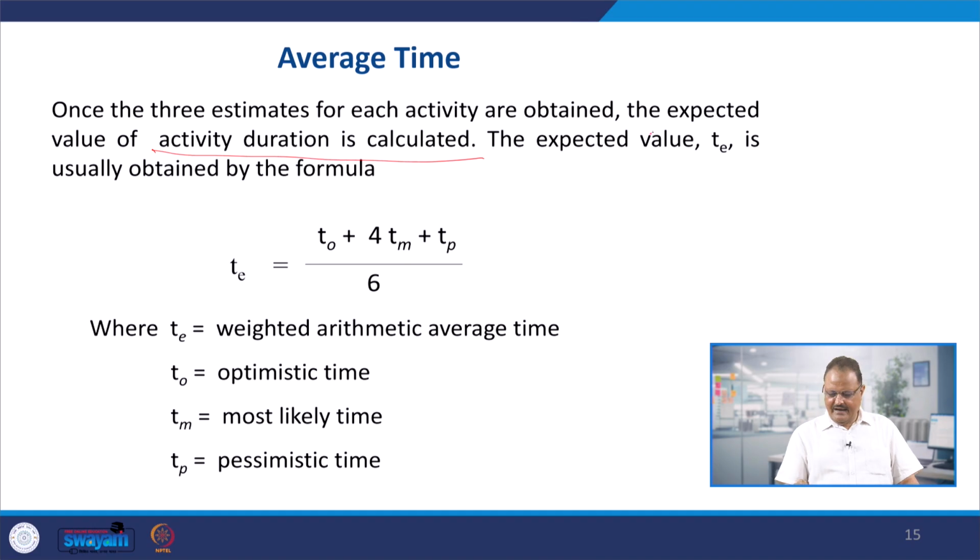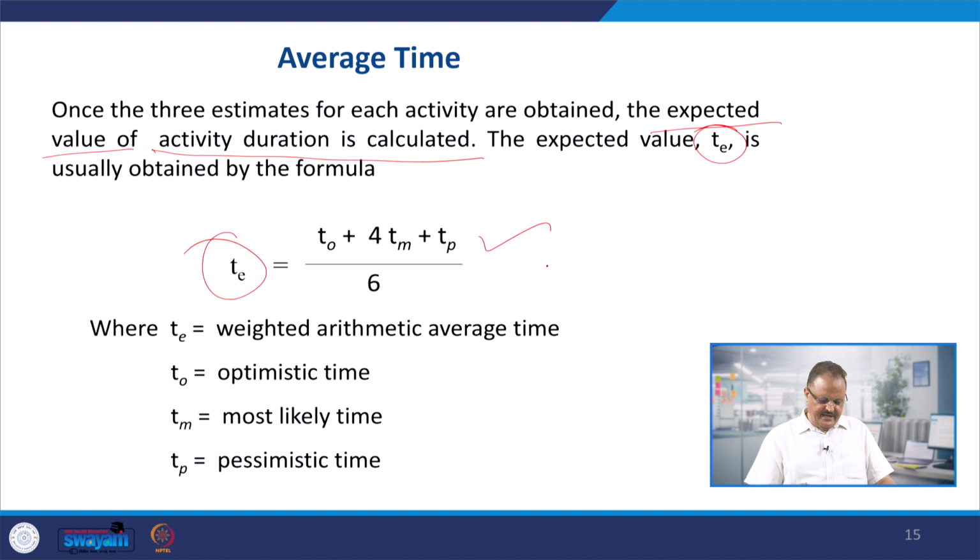The expected value is the TE here, and for calculating TE we can use this formula, where TE is the weighted arithmetic average time, TO is the optimistic time, TM is the most likely time, TP is the pessimistic time, and TM is multiplied by 4 and the whole divided by 6, so you can find the weighted arithmetic average time, which is going to be the final time we use for developing the structures or networks, so that we can control the projects in an appropriate manner.